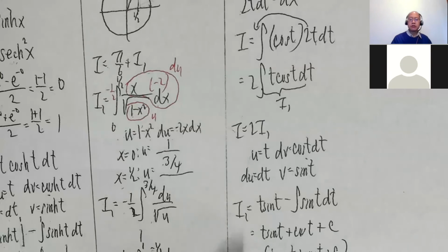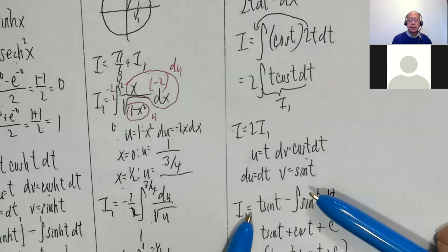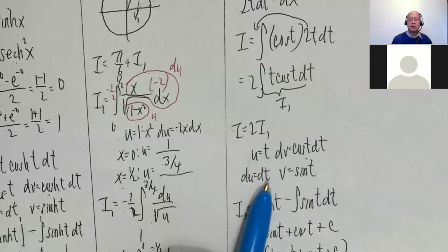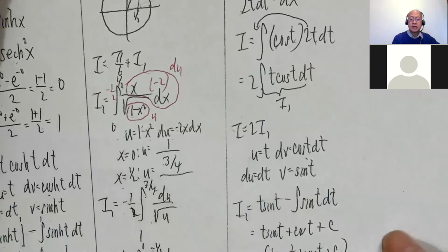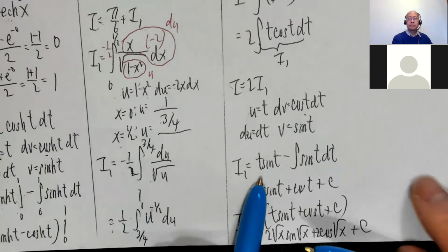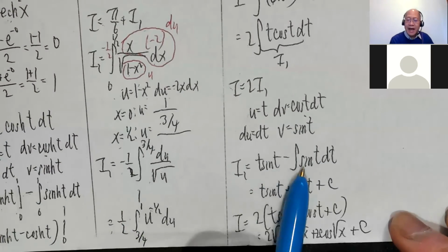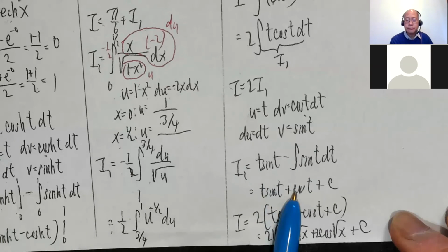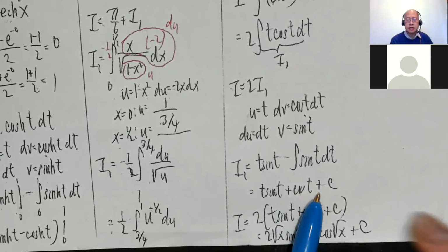So I1 is uv, t sine t, minus the integral of v du, so sine t dt. So I'm integrating negative sine, essentially. The integral of negative sine is positive cosine. So t sine t plus cosine t plus c.